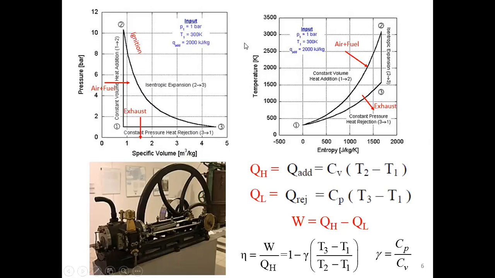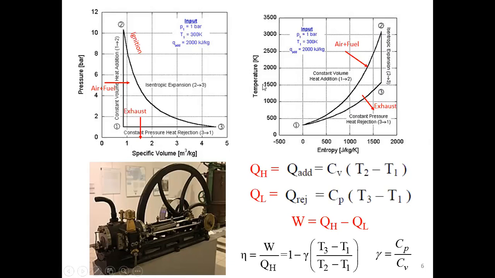How about the TS diagram, the temperature and entropy? You can see that we start right here with the isochoric heat transfer process. So the air-fuel mixture is provided along this line, and then ignition happens. Then the isentropic expansion process happens here, and then we have another constant pressure heat rejection here.